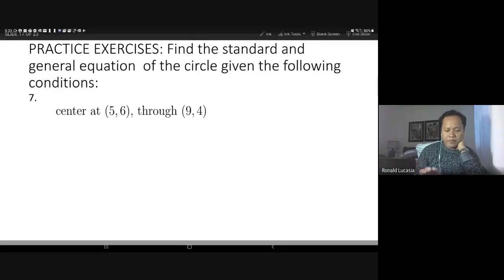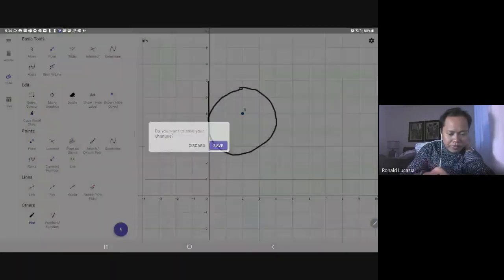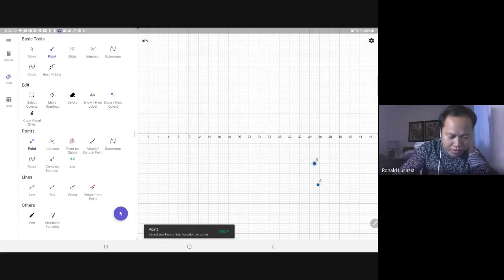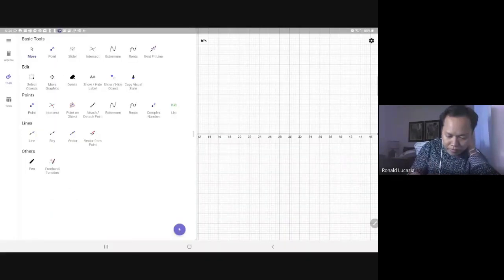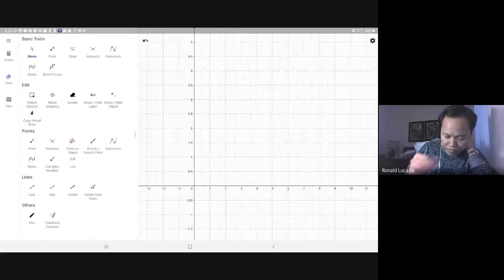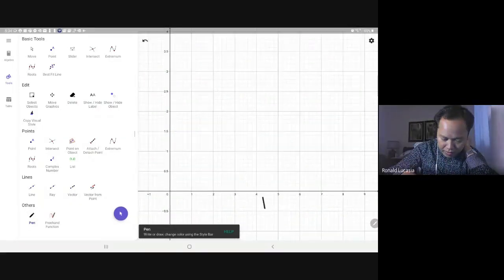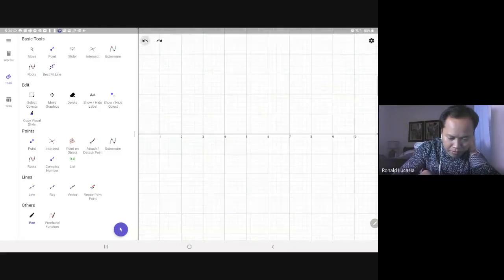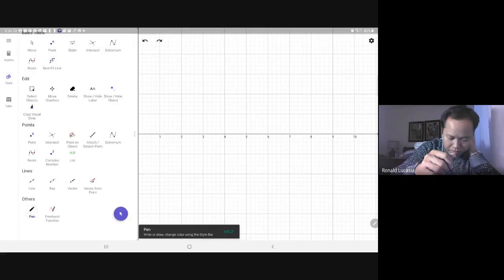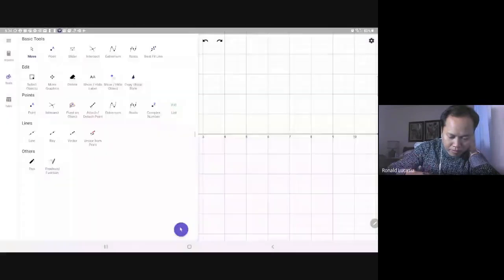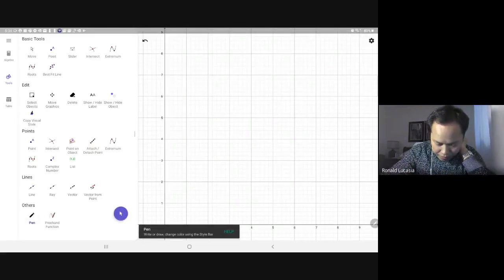I-graph natin ha. Di ba 5, 6, 9, 4? Sa GeoGebra, kung meron kang... Ito yung 5, 6.